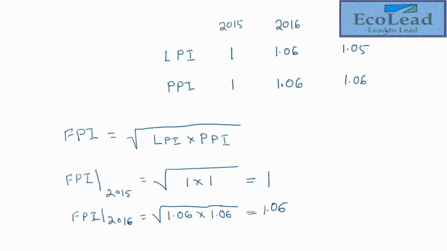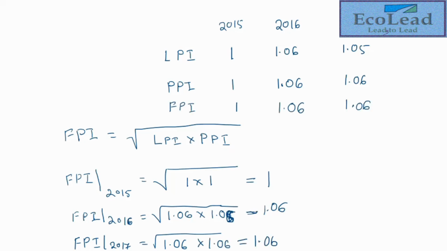Now when we move to the year 2017, Fisher's price index for 2017 will be root of the last year's price index 1.06 multiplied by the purchase price index 1.05. So here it will be approximately 1.06.